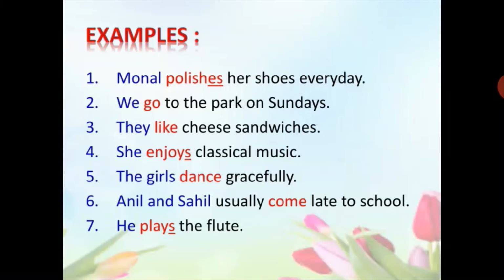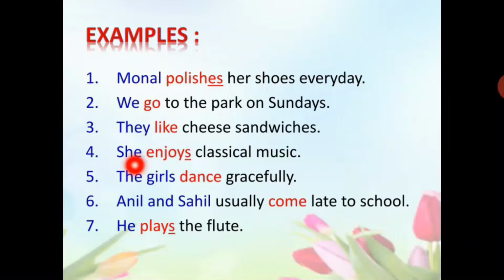Here in all these examples, you can see the base form of verb is used. But in some examples, like Mona polishes her shoes every day, you can see with the base form, we have added es, because here Mona is a singular noun.